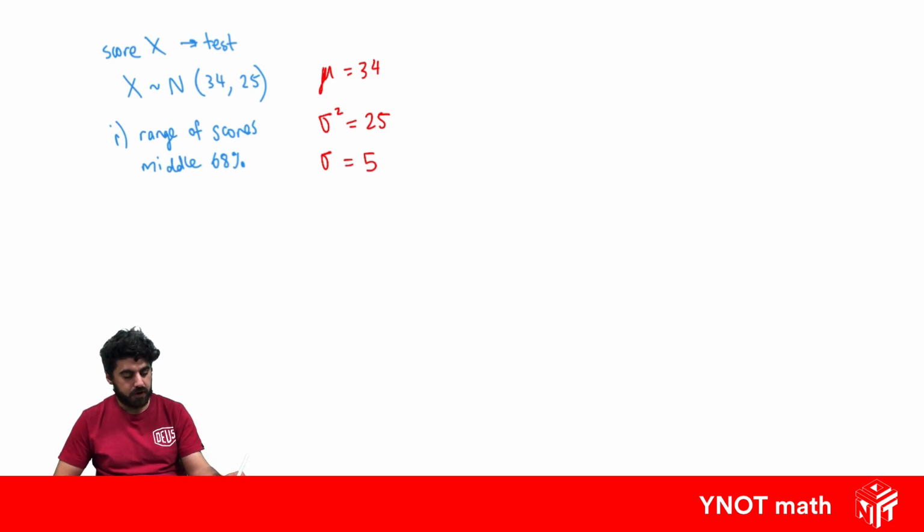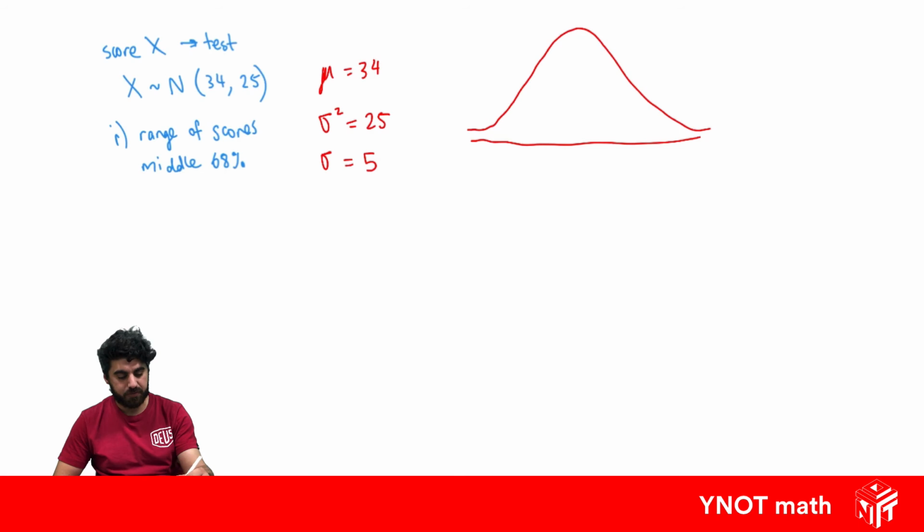And it helps to draw up a little graph showing what's going on of our normal distribution. So let's go ahead and do that. So we've got our normal distribution in the shape of a bell curve. And we know the mean is equal to 34. And let's look at one standard deviation on either side.